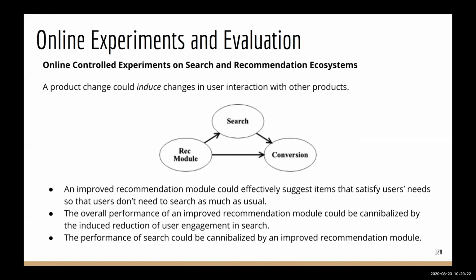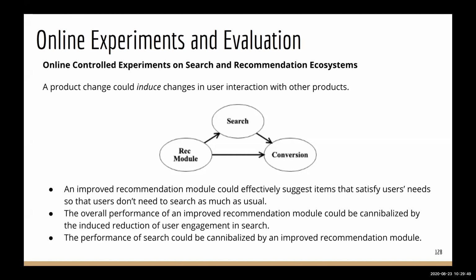So then there's a direct way from the recommendation module's impact on the conversion, and the indirect way via the search result page. And what you observe from the A/B test is the final outcome in terms of the conversion rate or the revenue, right? You don't observe the direct impact from the recommendation module.